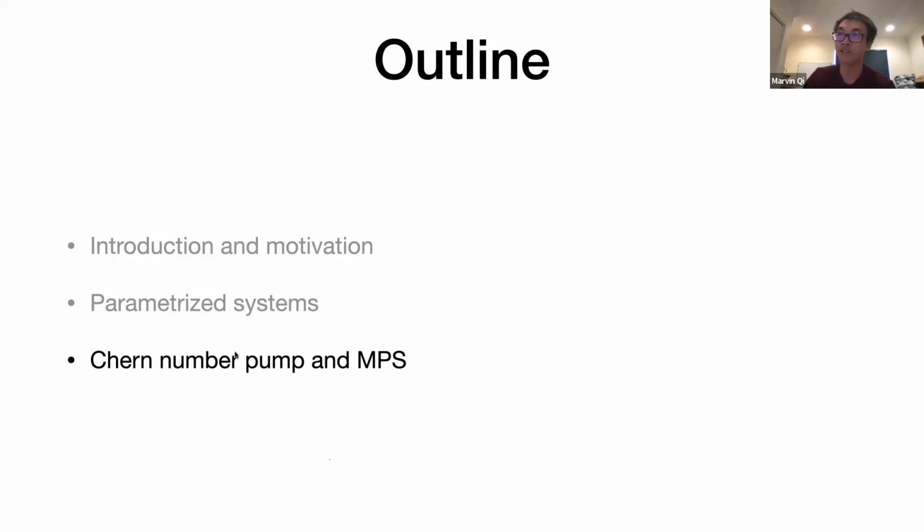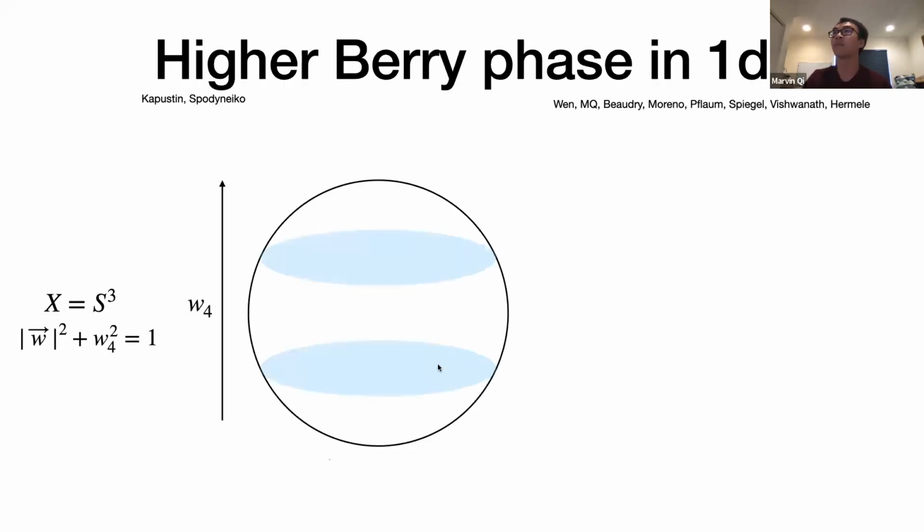So let me move on to this Chern number pump, which is a 1-dimensional system, and talk about how we can use matrix product states to analyze this. The one-dimensional example that I want to talk about will have a non-trivial higher Berry phase, and this higher Berry phase was introduced by Kapustin and Spodyneiko.